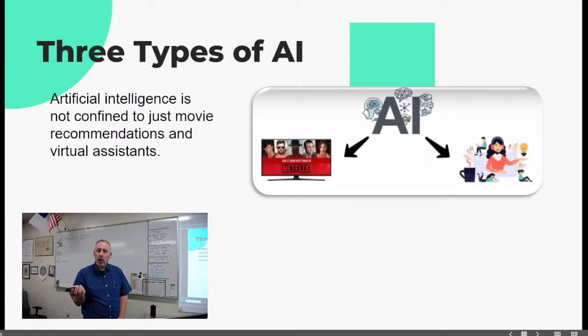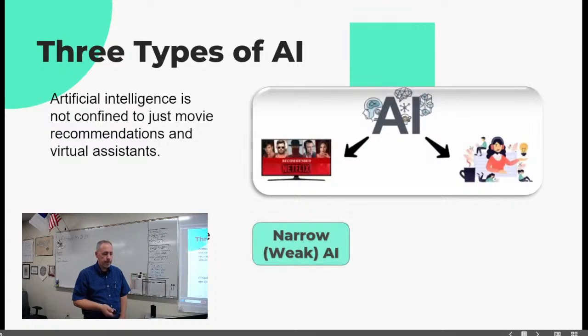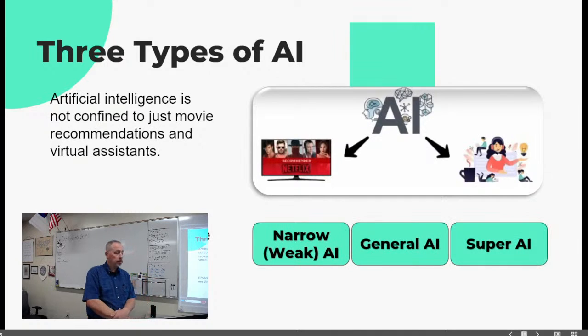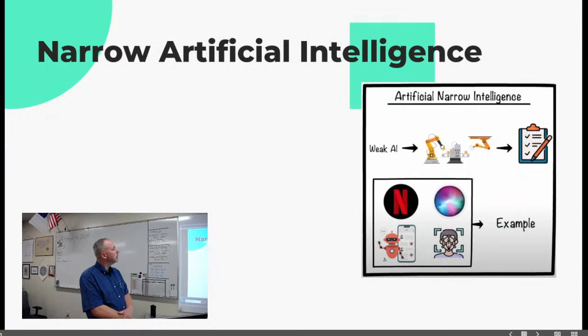So again, artificial intelligence isn't just confined to movie recommendations, virtual assistants. Broadly classified, there's 3 types. There's what we call weak AI, general AI, and super AI, which I think we're getting closer to that one.